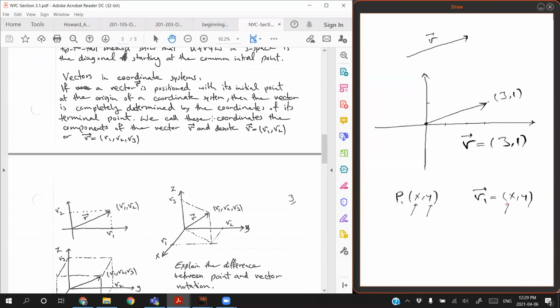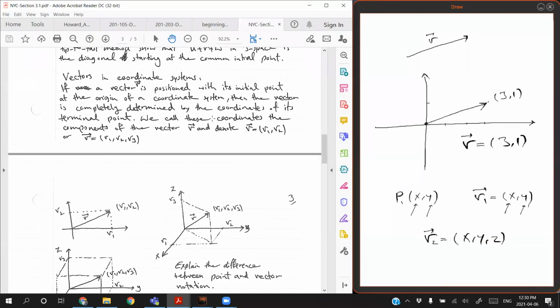So this is the x component of the vector, and this is the y component. And if you have a vector in three-dimensional space, let's call that v2, you can denote it like this: (x, y, z). This would be the x component, the y component, and the z component of the vector.